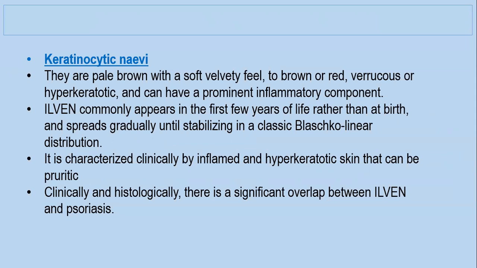It is characterized clinically by inflamed and hyperkeratotic skin, which is pruritic. So the main symptom is pruritus. Clinically and histologically, there is a significant overlap between ILVEN and psoriasis. So sometimes it is difficult to differentiate ILVEN from psoriasis or linear psoriasis in young children.